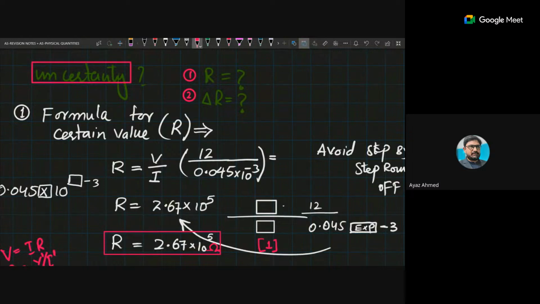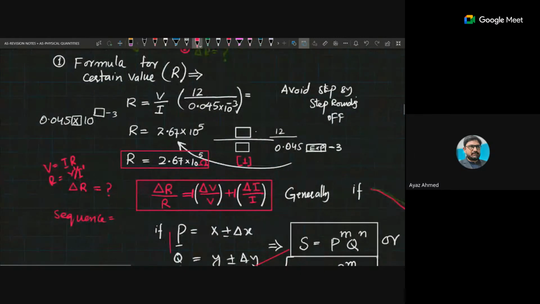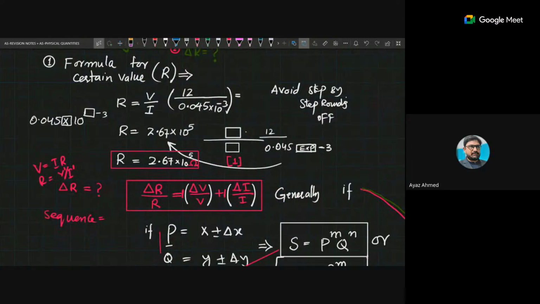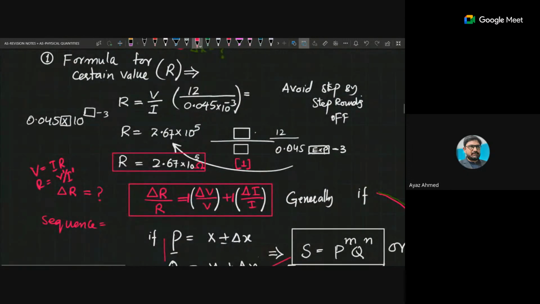The first thing you have to keep in mind is that you have to use the formula for certain value, and that is R equals V by I. So put the certain values after conversion and get your number, that is R is equal to 2.67 exponent 5 ohm.